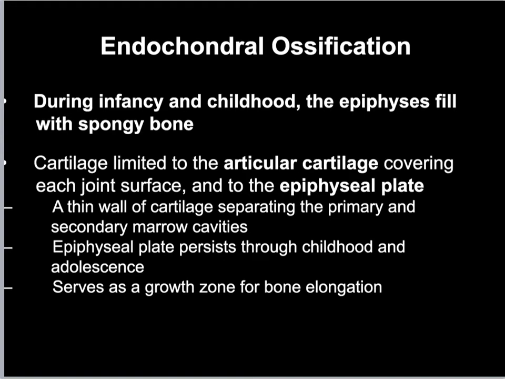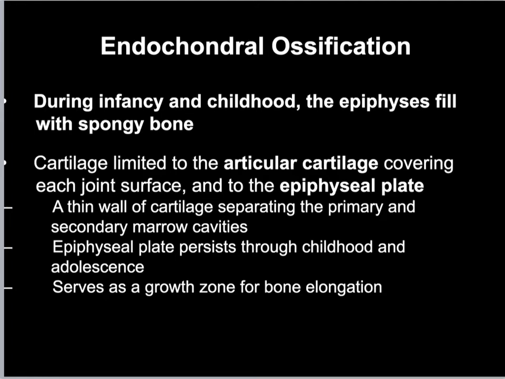And then you have osteoclasts that come in and clear away the ossified cartilage, and then osteoblasts come in and build trabeculae into that area, and so you end up with spongy bone on the inside, and you still have a periosteum on the outside that's laying down a thin layer of compact bone.